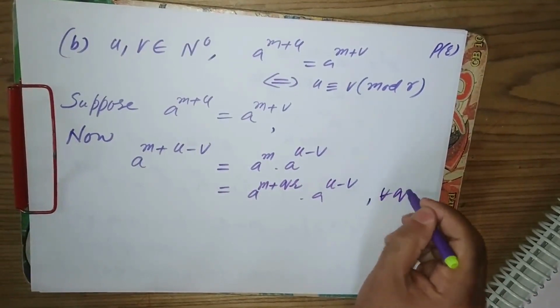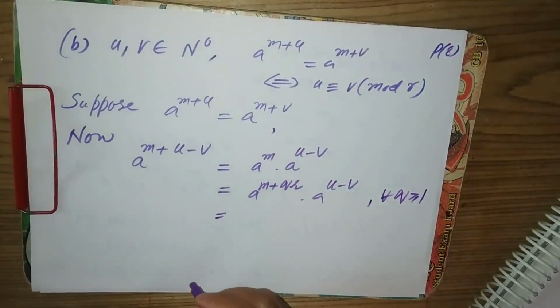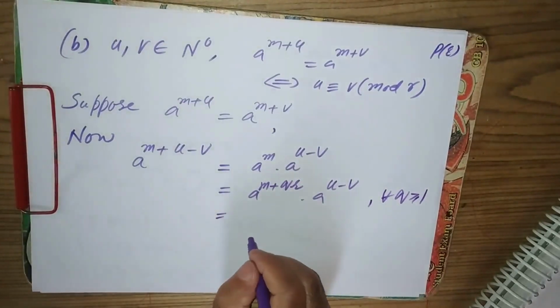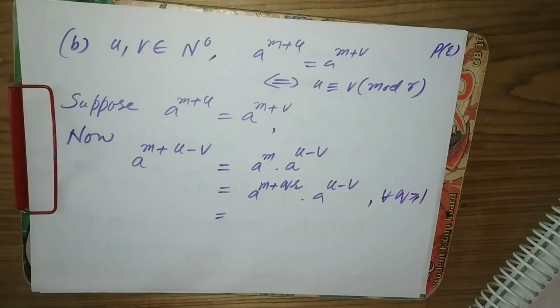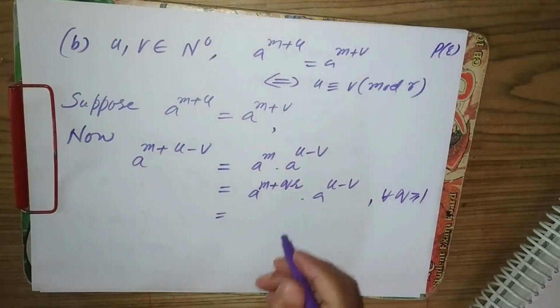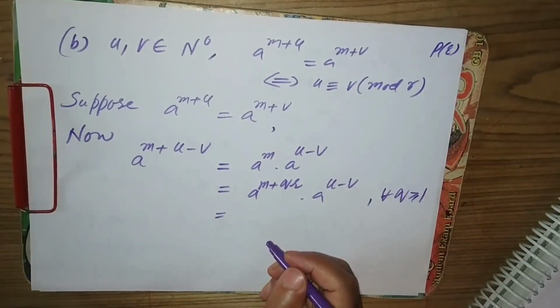For every q greater or equal to 1, this is equal to A power m plus qr, A power m plus u.